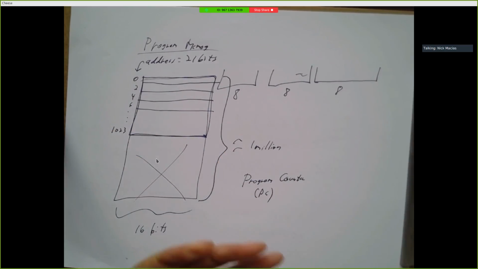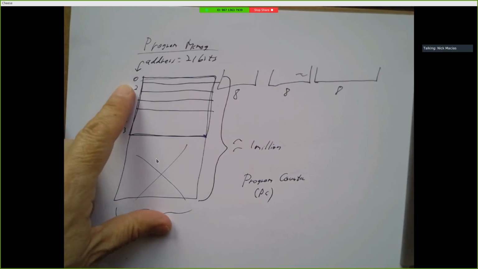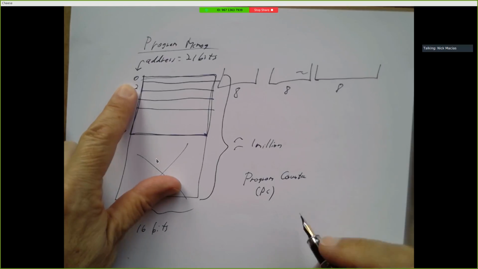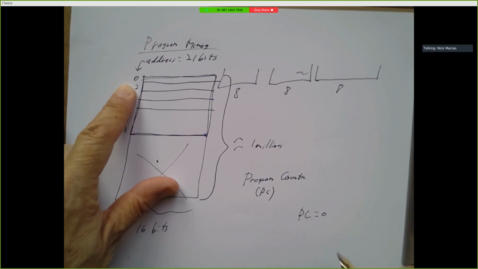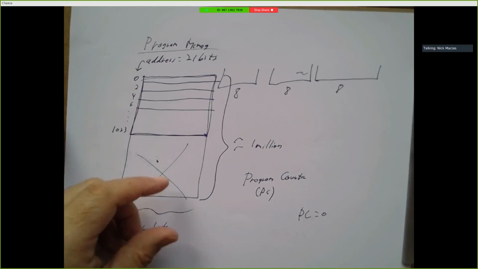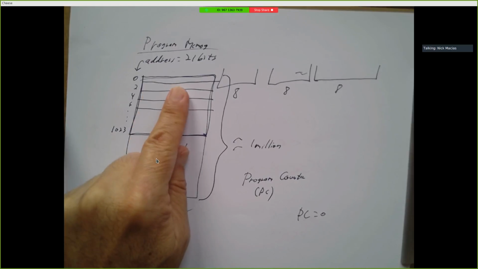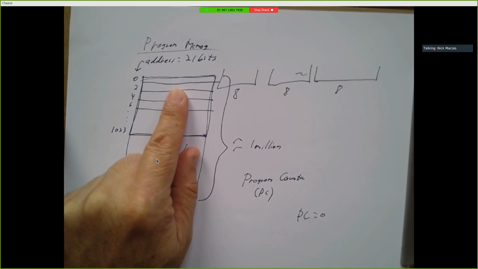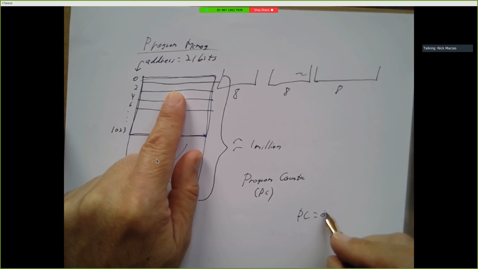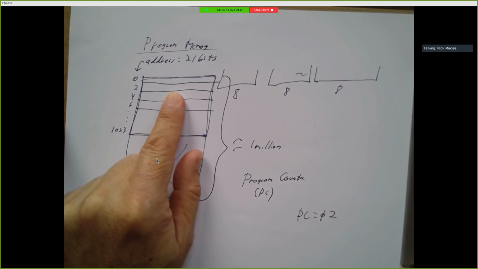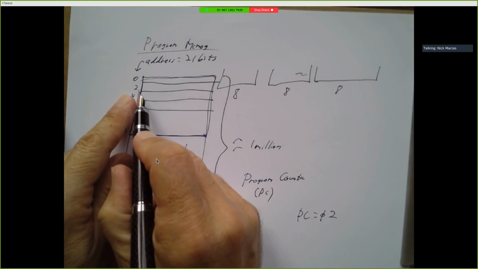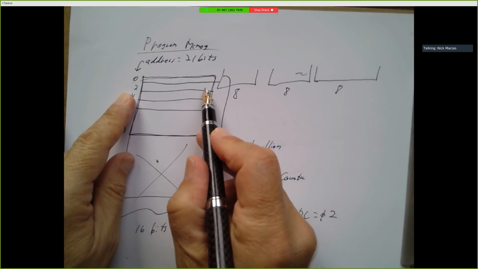Alright, and this program counter is incremented by 2 after each instruction. Why? Because the first instruction when we power on is instruction 0. So PC is initialized to 0. The processor pulls that 16-bit pattern out of memory, starts to decode it and execute it, and when it's done, PC should get changed to 2, because that's the address of the second instruction.